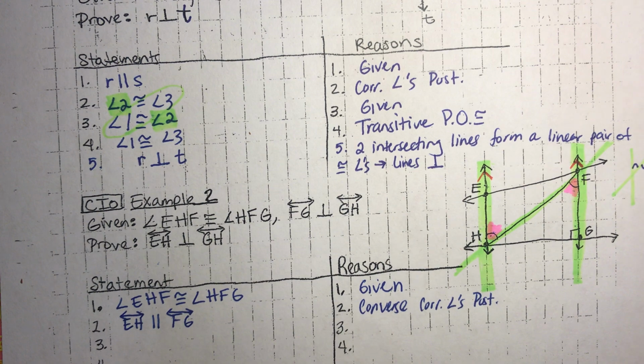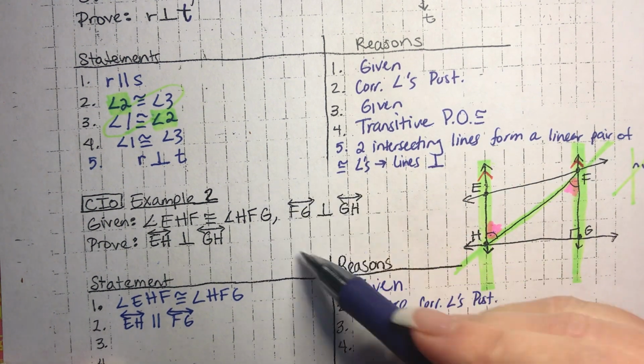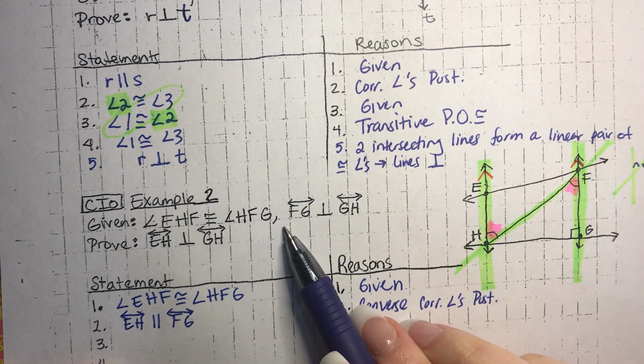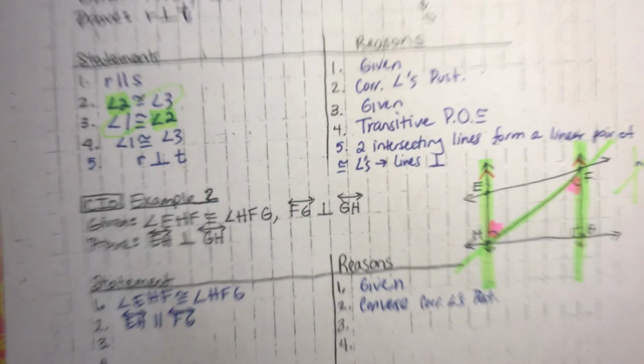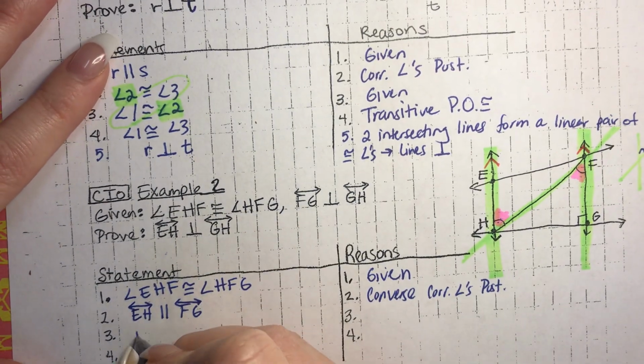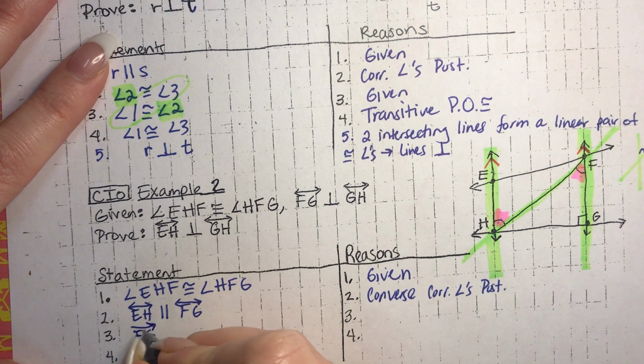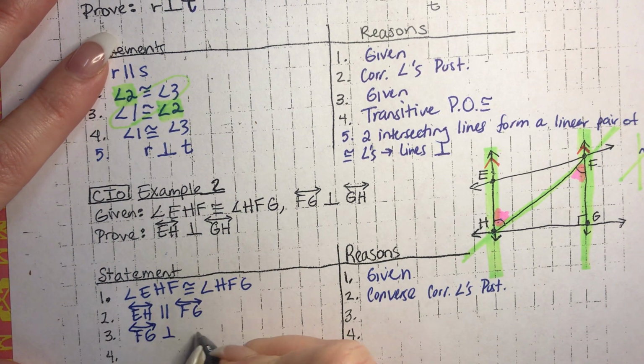So we're just going to go ahead and write down this given information here. FG is perpendicular to GH. Line FG is perpendicular to line GH.